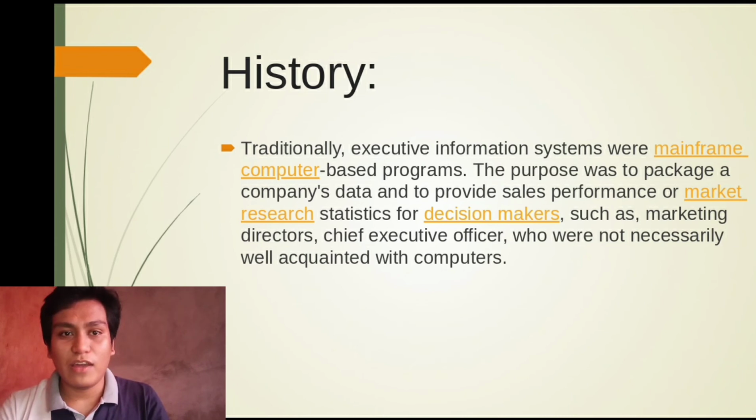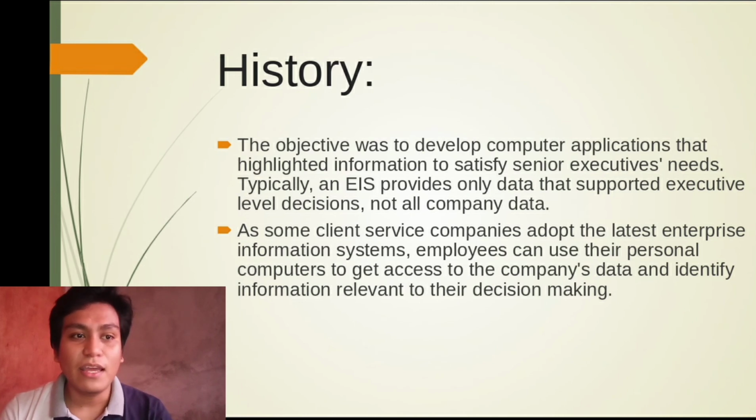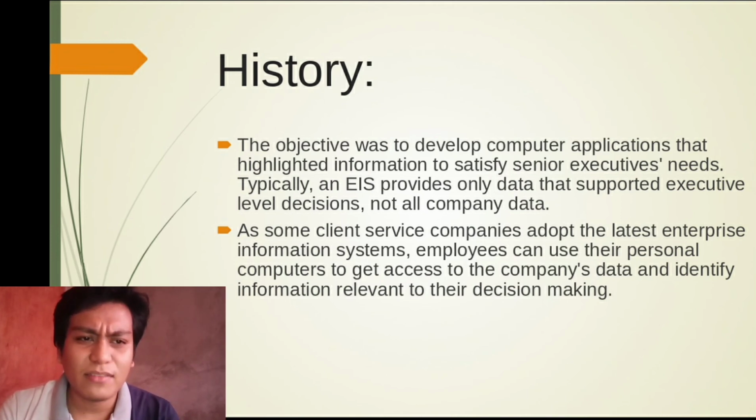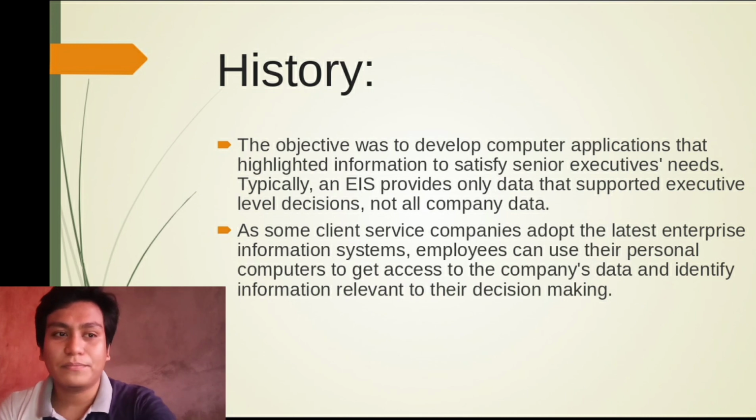The objective was to develop computer applications that highlighted information to satisfy senior executives' needs. Typically, an EIS provides only data that supported executive-level decisions, not all company data. As companies adopt the latest enterprise information systems, employees can use their personal computers to get access to the company data and identify information relevant to their decision making.